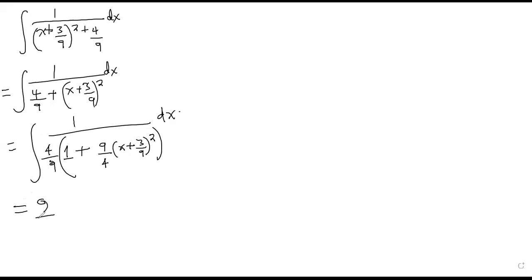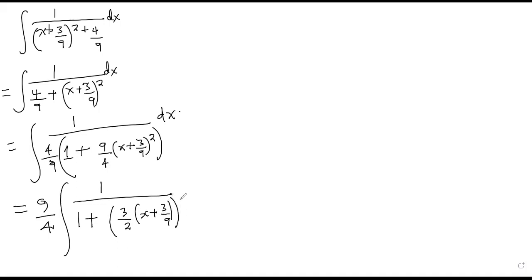So we put out 9 over 4, integral of 1 over. Now we have to ensure that all of this appears as a square. So it is going to be 1 plus, for this to appear as a square, 3 over 2 into x plus 3 over 9, then everything squared, then dx.